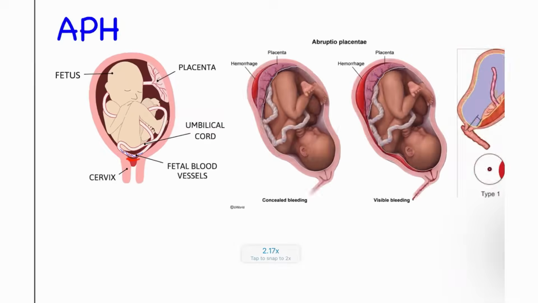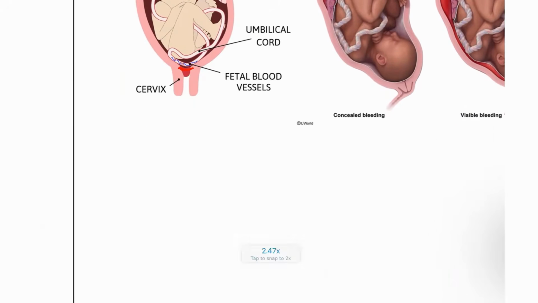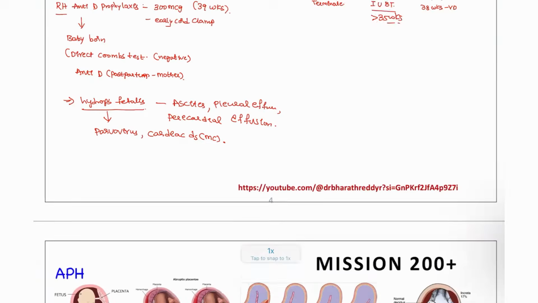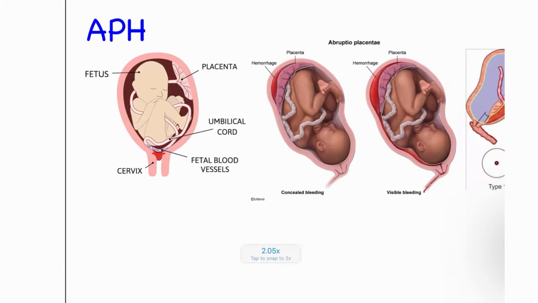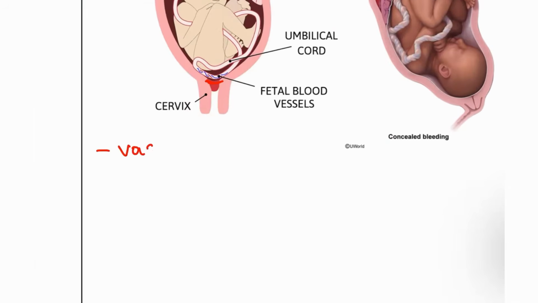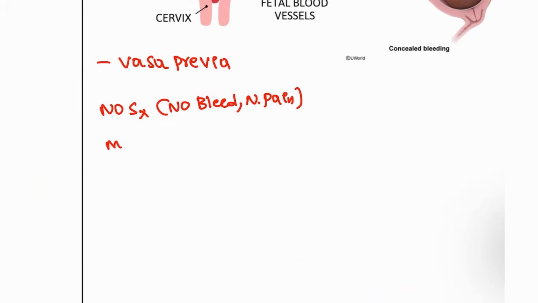Next, we will discuss antepartum hemorrhage. Now we'll discuss antepartum hemorrhage. Here you can see this is the first condition. So this is vasa previa, guys. In this patient, usually no symptoms will be seen. No bleeding and also no abdominal pain will be seen in this patient, but mild spotting will be seen.